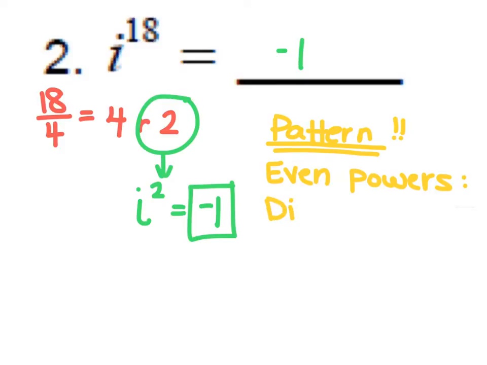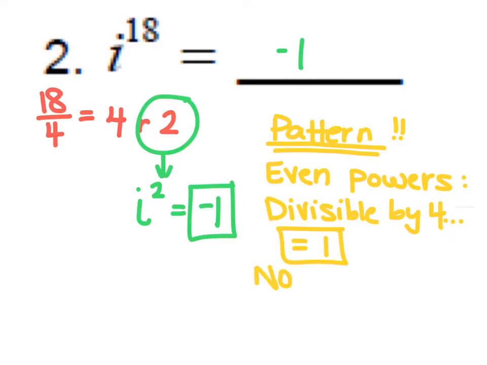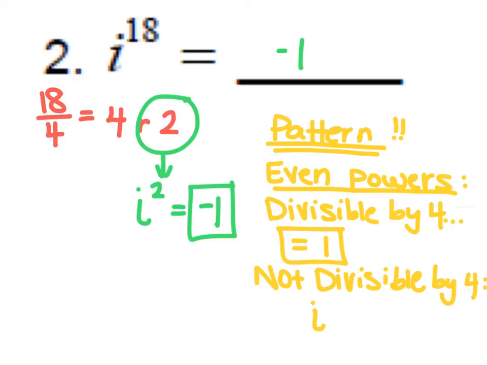So if your even power is divisible by 4, then the answer is 1. If it's an even power but not divisible by 4, in other words, there's going to be a remainder, it's going to be i squared, which is -1.